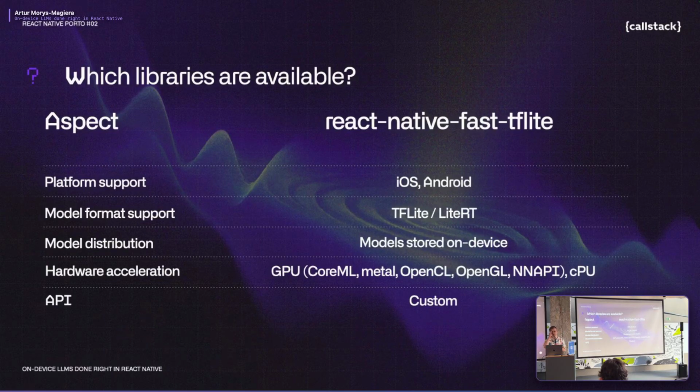So one of those is React Native Fast TF Lite, which is a wrapper for TensorFlow Lite, which has been renamed recently into LiteRT. Well, the model distribution is such that you store the models on device. You can do this generally in two ways, and this will be the same for most of these libraries. So we can either provision them over the network, so the app will download them from the server, put them to a temporary directory or to a cache directory and load from there.